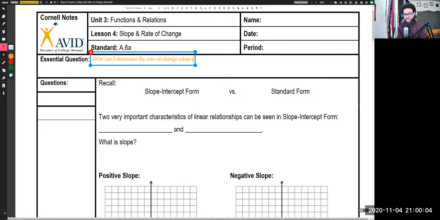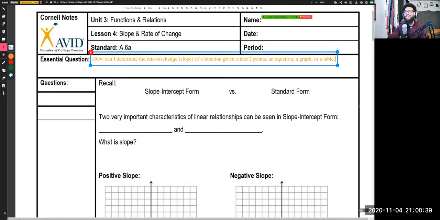All right, so how can we find the rate of change of a function, there goes that part from unit 3A, given either 2 points, an equation, graph, or a table. All right, that's our essential question.